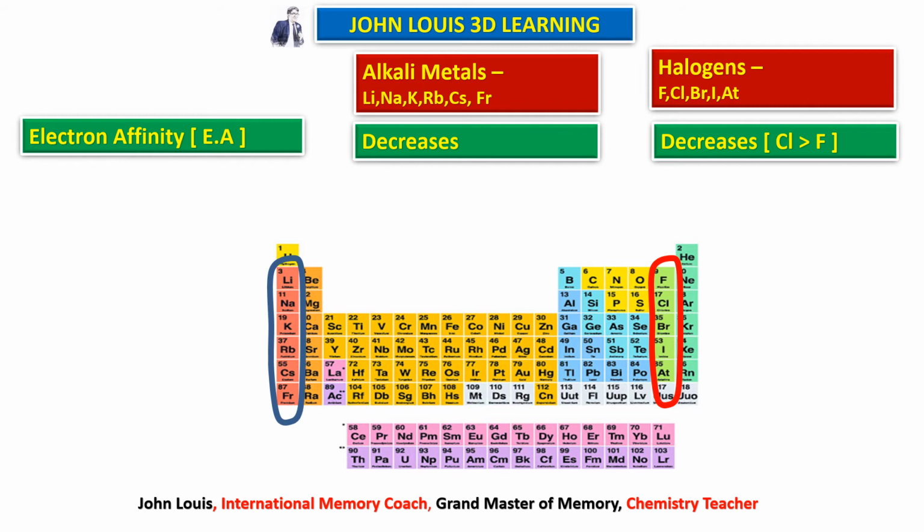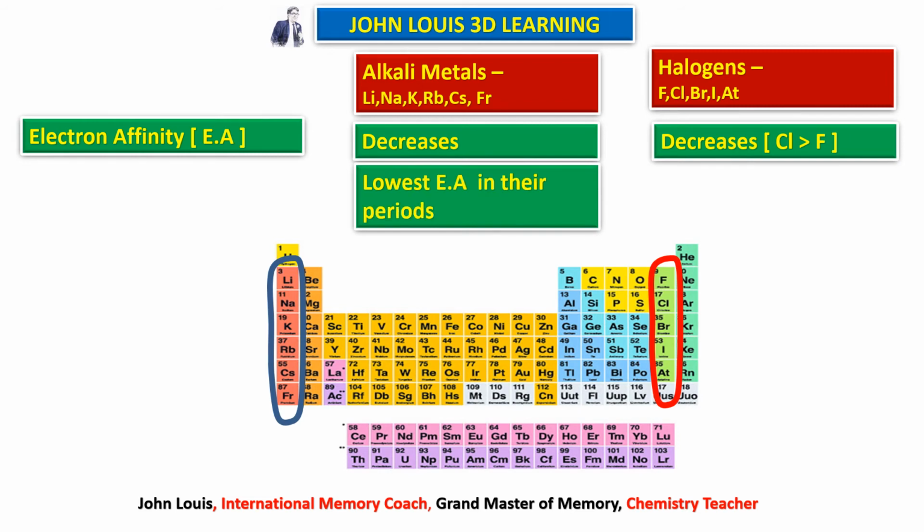It is due to the very small size of fluorine. So why does chlorine have more electron affinity than fluorine? It is due to the smaller size of fluorine. This is an exceptional case, so it may be asked as a question.